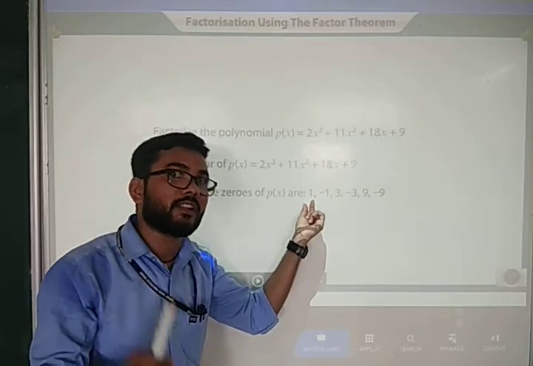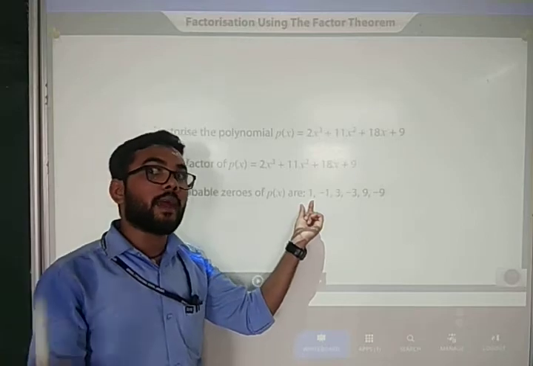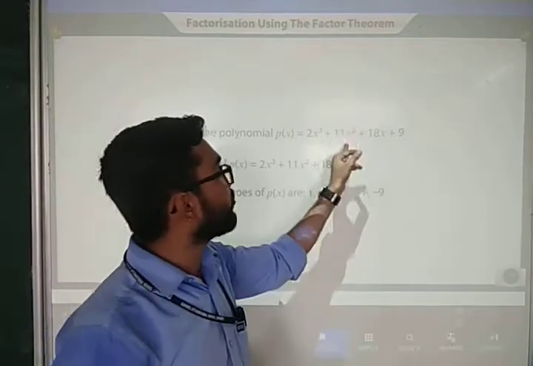According to the factor theorem, if 1 is a zero of the polynomial, it means x minus 1 is a factor of this polynomial.